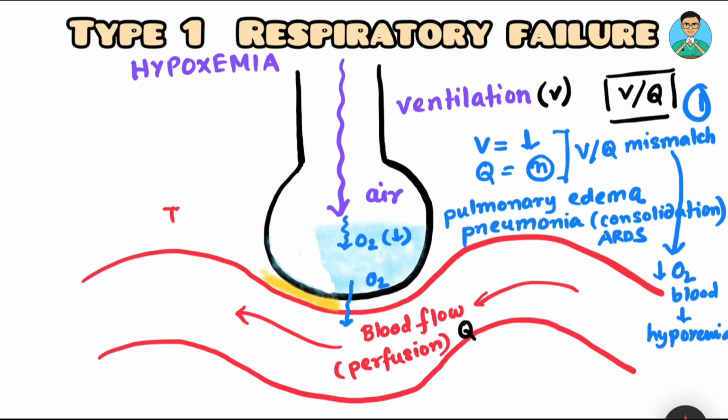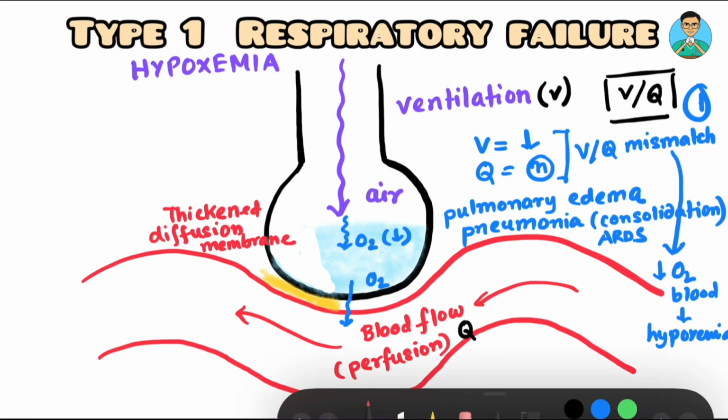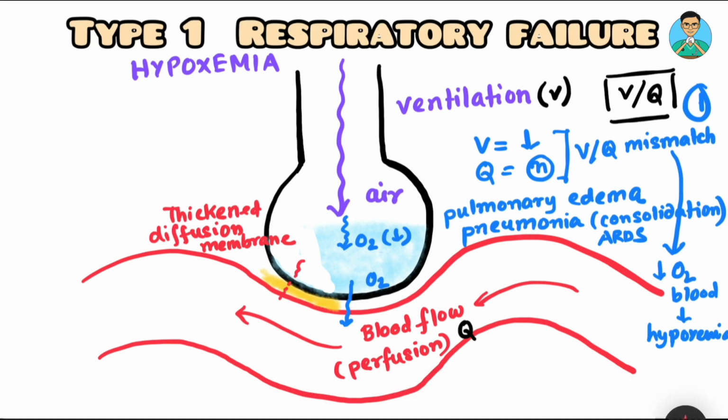Thickening of the diffusion membrane. In that case, the oxygen diffusion is again low. Again there's low oxygen coming to the blood, and that is leading to hypoxemia. This is your mechanism number 2.